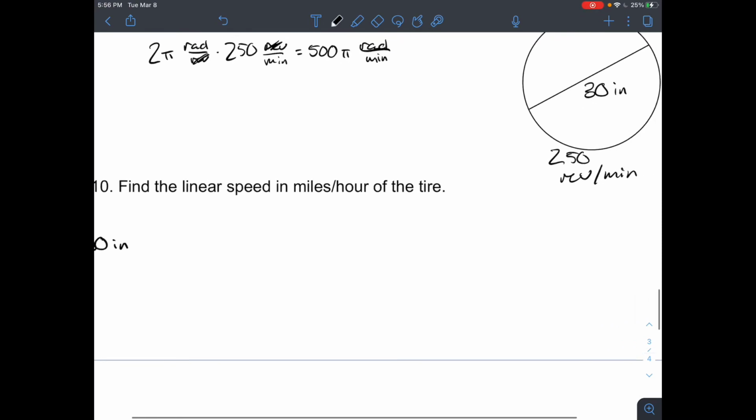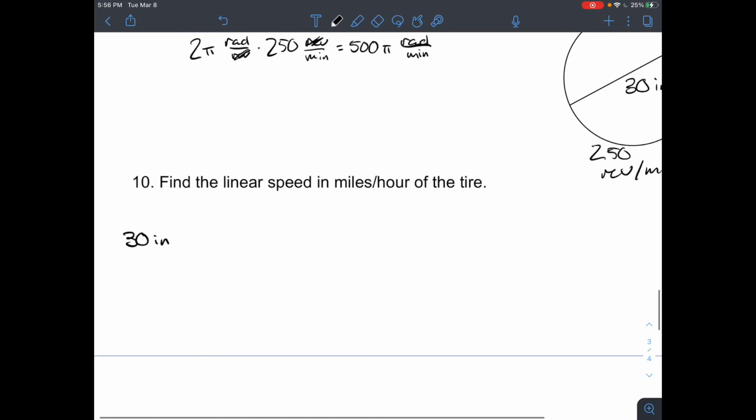So we have 30 inches. We need to convert this to feet, so 1 foot over 12 inches. That will get us to feet. And then we need to go to miles, so 1 mile over 5,280 feet.